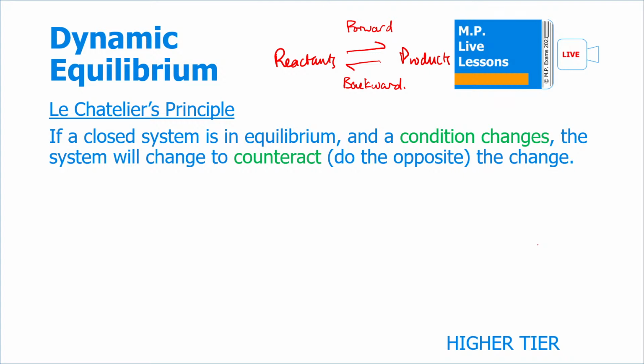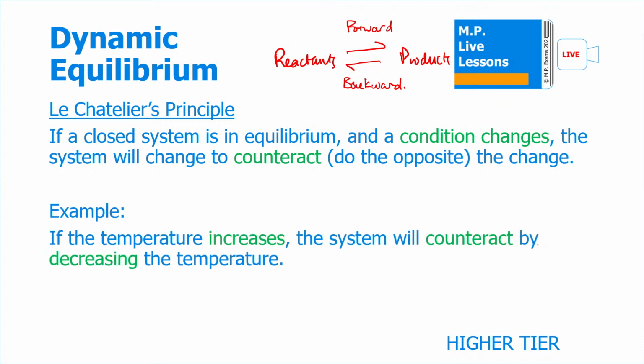So again, if a condition changes, the system will try and counteract this, and then eventually a new equilibrium is formed or found. For example, let's say the closed system is in equilibrium, but then we increase the temperature. The system will counteract by decreasing the temperature.